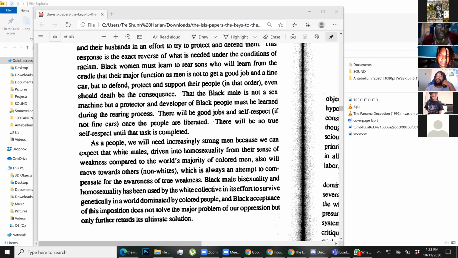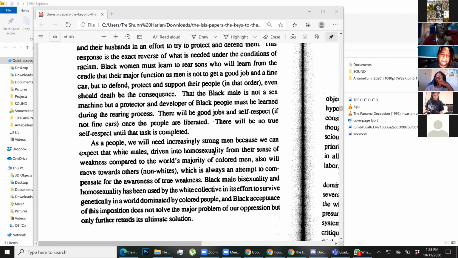As a people, we will need increasingly strong men because we can expect that white males, driven into homosexuality from their sense of weakness compared to the world's majority of colored men, also will move towards other non-whites, which is also an attempt to compensate for the awareness of true weakness.